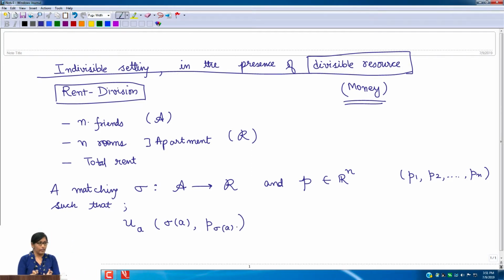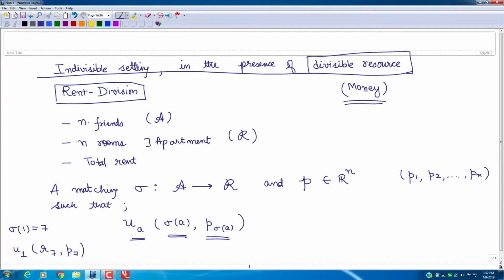This notation is clear: the utility agent A is deriving if he is assigned room sigma(A) and therefore pays a rent of P of sigma(A). So let's say sigma of 1 is 7. It would be the utility agent 1 is deriving when he resides in room 7 and also pays the rent for room 7, which is P7 in this vector. Currently I'll be denoting this as my utility function.